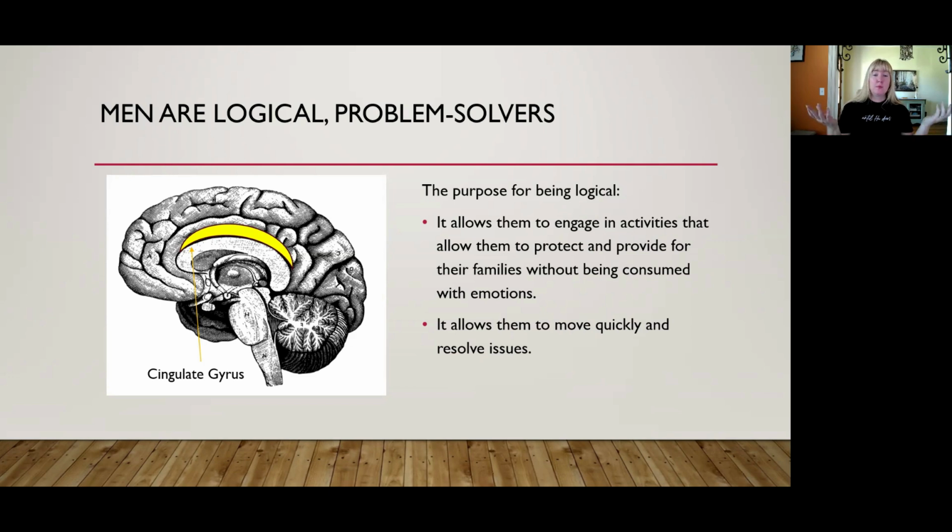Now, the problem is that the man's brain does not utilize this ability solely in the context of hunting and fighting. It can happen whenever he perceives a threat. And that can include an angry wife yelling at him. So a lot of times I have worked with couples, and I've had to advise the woman to realize that the very thing she's trying to get, right?